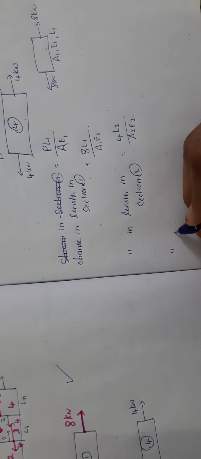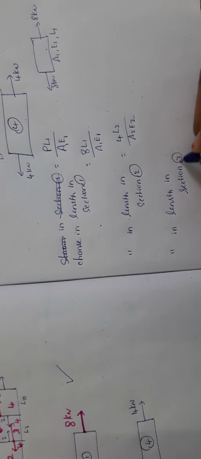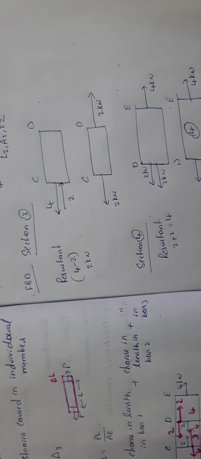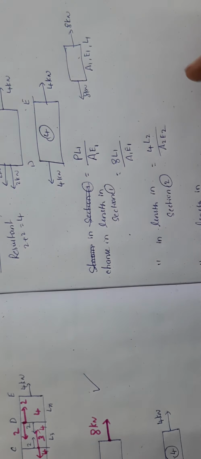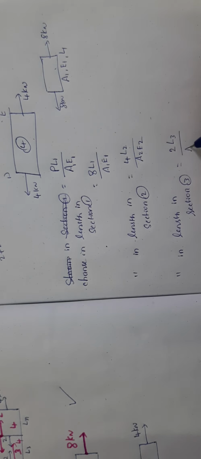Similarly, change in length in section 3: we go to section 3. Section 3 has a 2 kilonewtons force applied, so it is 2L3 by A3 E3.